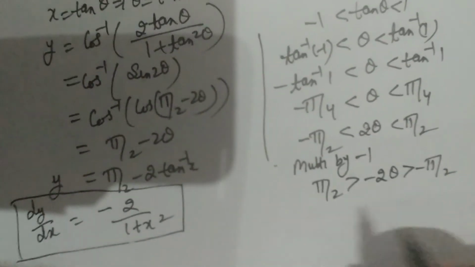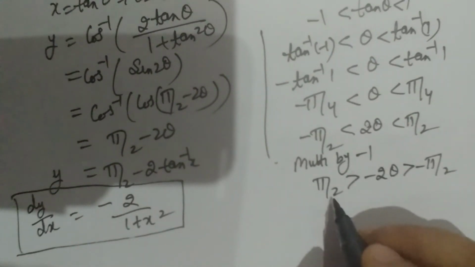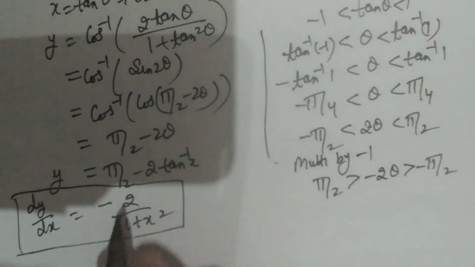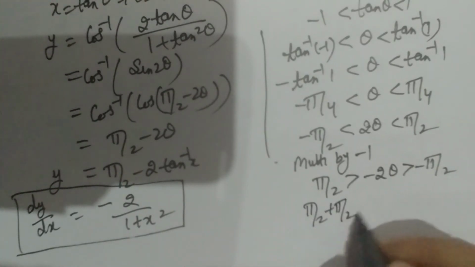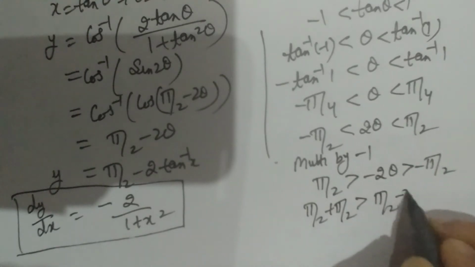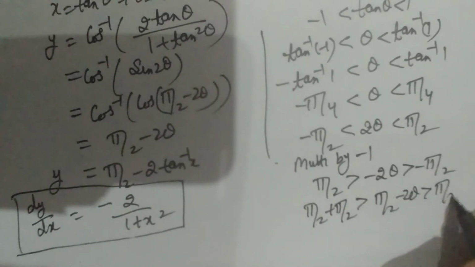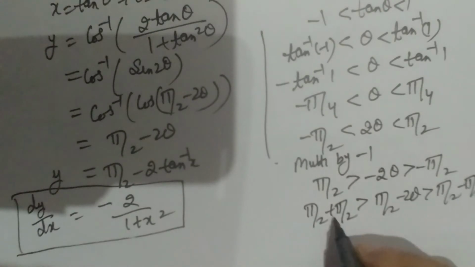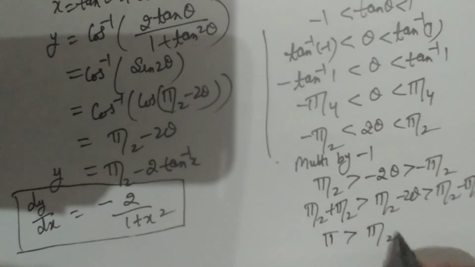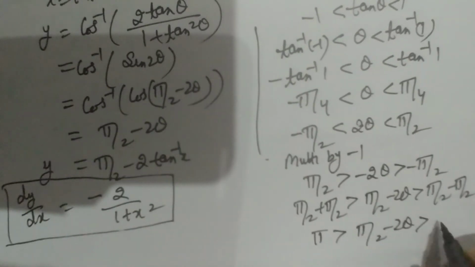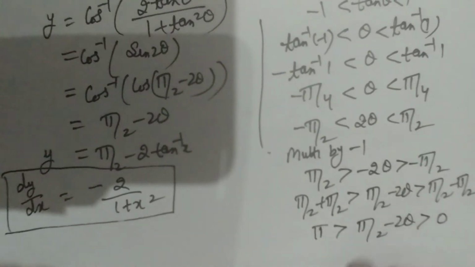It is going to change. Now I have to add pi by 2 also. So it will become pi by 2 plus pi by 2 greater than pi by 2 minus 2 theta greater than pi by 2 minus pi by 2. So this turns out to be pi, then pi by 2 minus 2 theta, and 0.